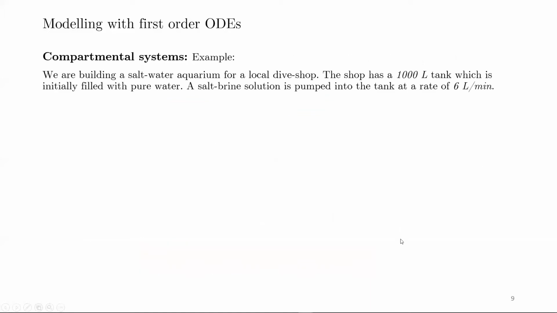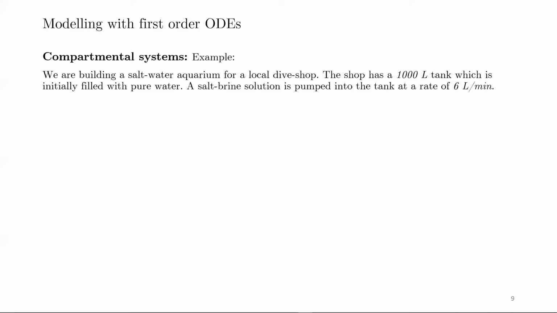So let's imagine we're building a saltwater aquarium for a local dive shop. This dive shop has purchased a 1,000 litre tank, so it can hold quite a lot of water. Initially, this tank is filled up with pure water, but they want it to be a saltwater tank.